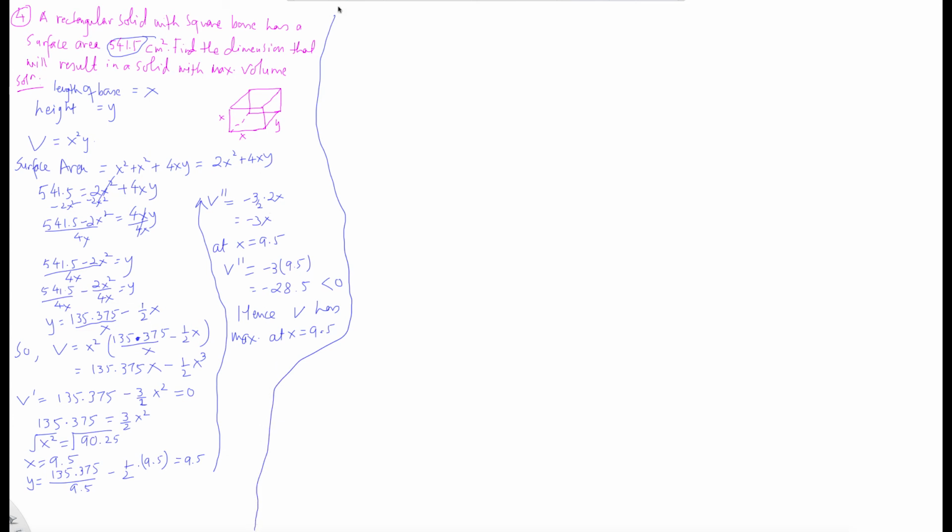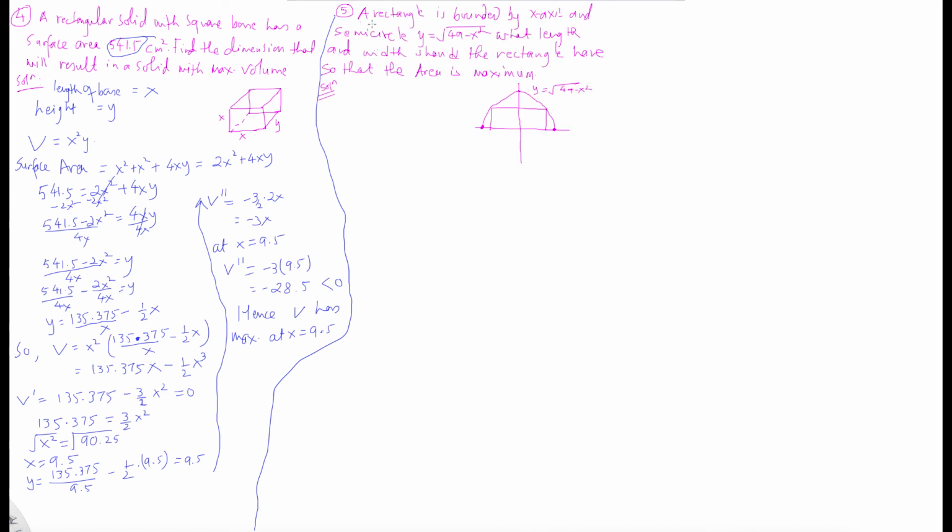All right, so let us do another example, example 5. It says a rectangle is bounded by the x-axis and a semicircle, y equals the square root of 49 minus x squared. What length and width should the rectangle have so that the area is maximum? Because you can make so many rectangles inside that semicircle, right?